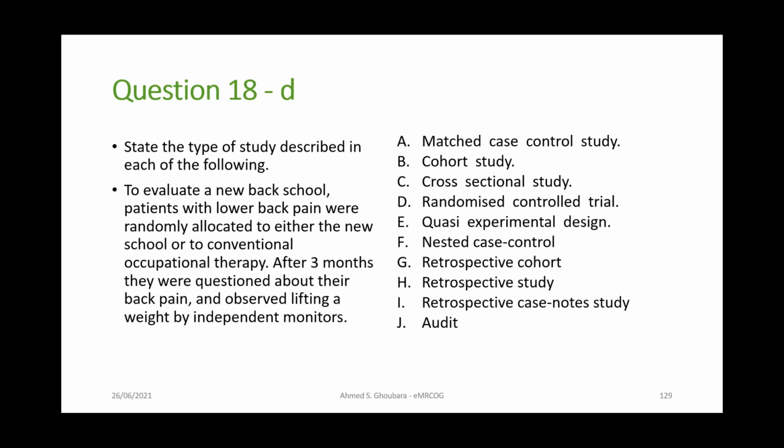This is the purpose, straightforward. You see those words that I explained: random allocation, allocation concealment, a new back school. This is a perfect randomized controlled trial. It is clear, straightforward, yes? Perfect.